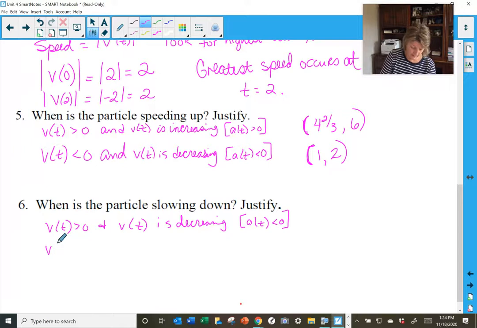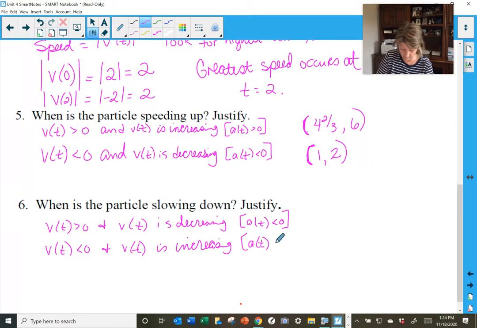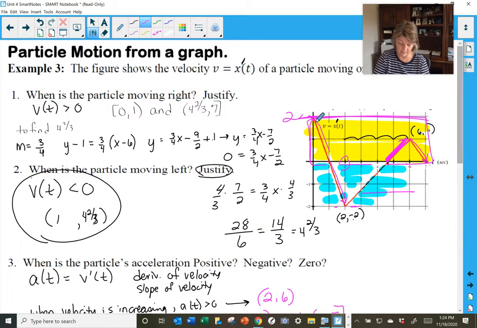And then v of t is less than 0 and v of t is increasing. So the slope is positive, which means a of t is greater than 0. And when does that happen? So we want v of t positive. That's going to be in the yellow zone, and we're looking for negative slope. It's decreasing. That is going to happen right here at 0 to 2 and 6 to 7.